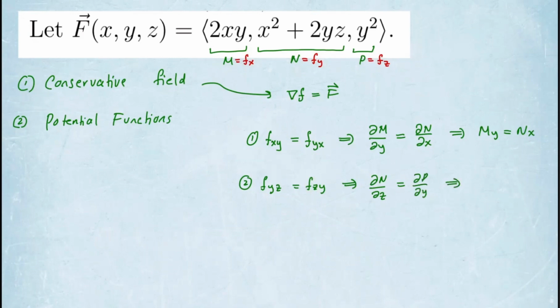In simplified form, you can show that N sub z is equal to P sub y.